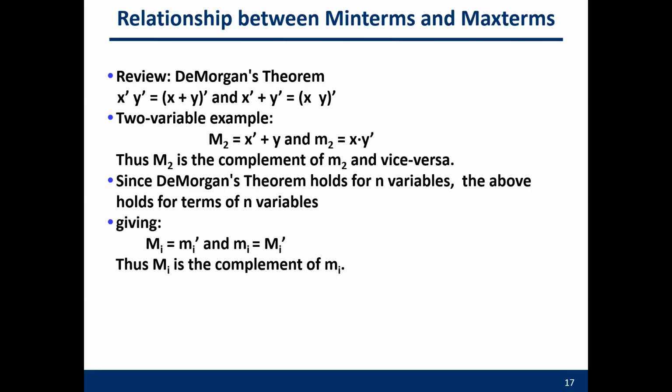So here is the De Morgan law: X bar and Y bar equals X or Y, with a large bar above that. Since the De Morgan law can handle n variables, we can also handle n variables in the minterm and the maxterm.